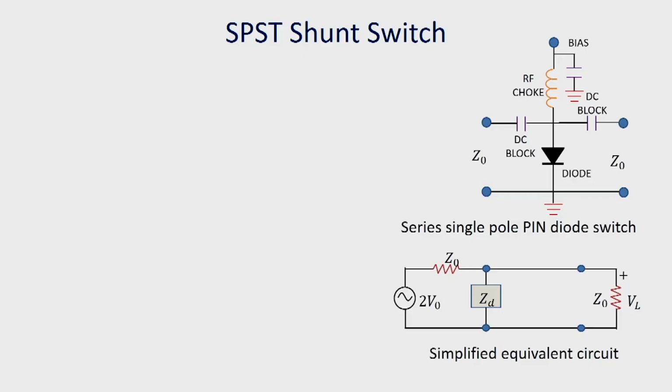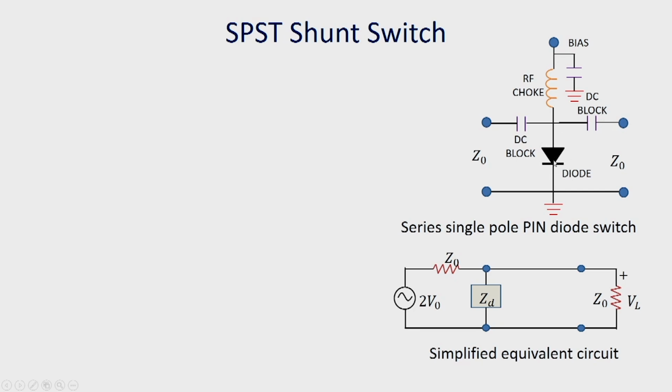Let us now consider another single pole single throw switch configuration, but this time the diode is connected in shunt. When the diode is in the high impedance state, the signal will flow from source to load; it will not go through the diode.